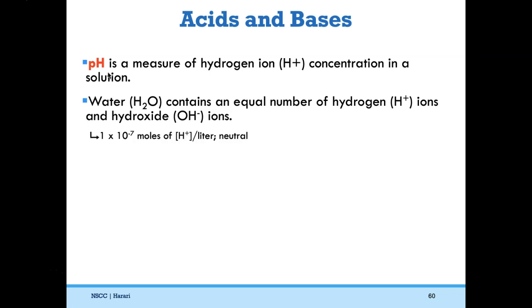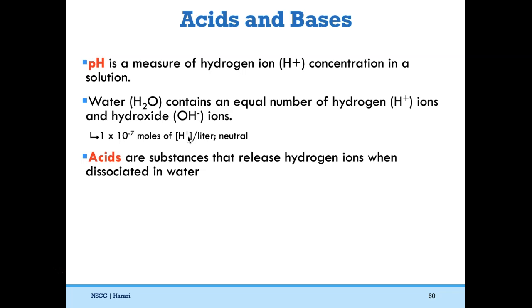Normally, the actual number of water molecules that dissociate is 1 × 10⁻⁷ moles per liter. You don't really have to understand what moles means in a biology class yet. It's just a way to measure amount. This is a very small number, right? It's 0.0000001, which is 1 × 10⁻⁷. That's how little H+ there is in neutral water.